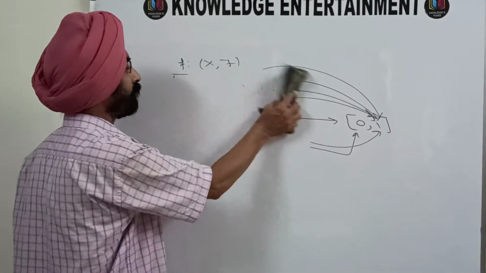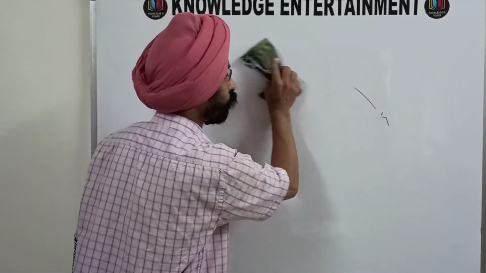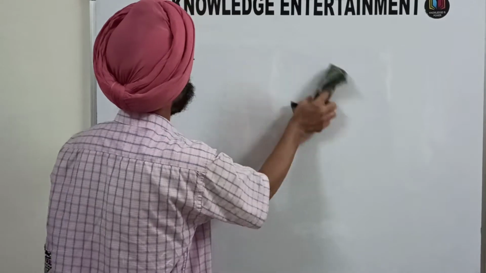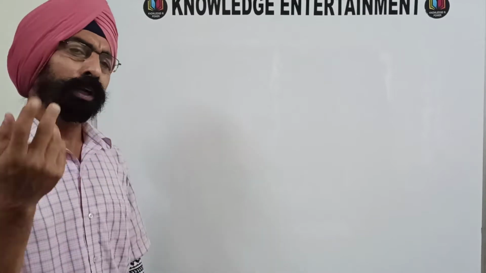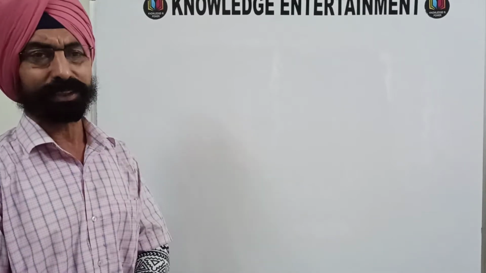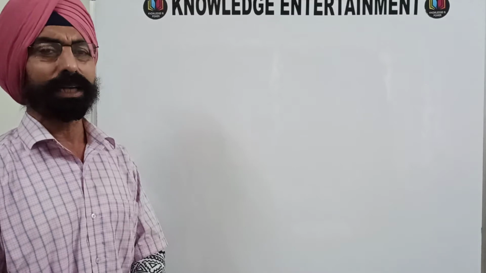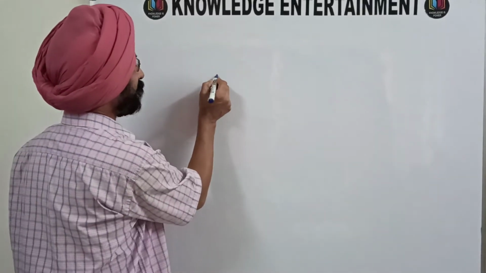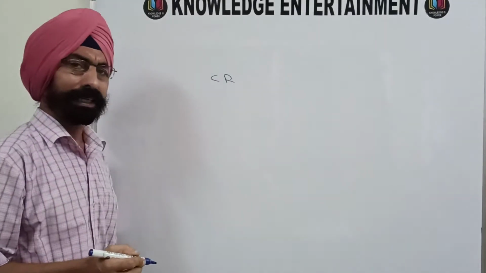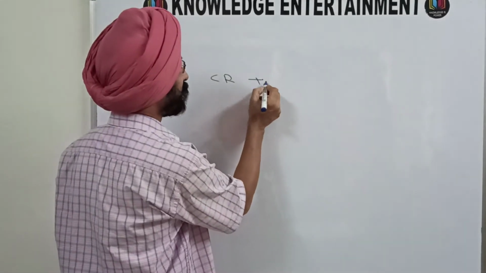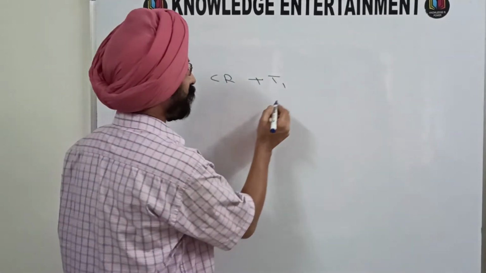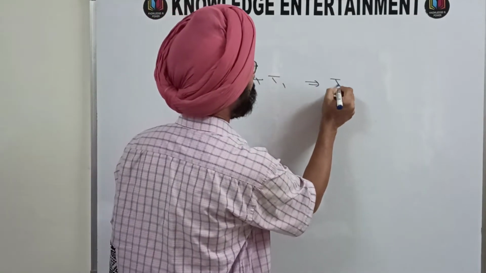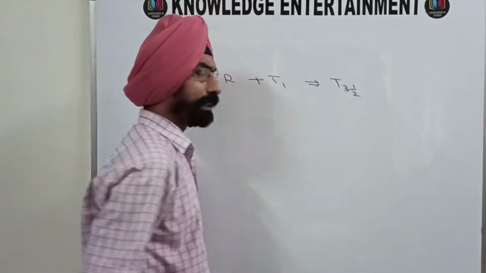I'll start from some easy results, and slowly we'll move on to slightly more typical results. But before going on to the results, one more thing I want to tell you: if a space is CR, that means completely regular, as well as T1, then it will be called a T3 and a half space.